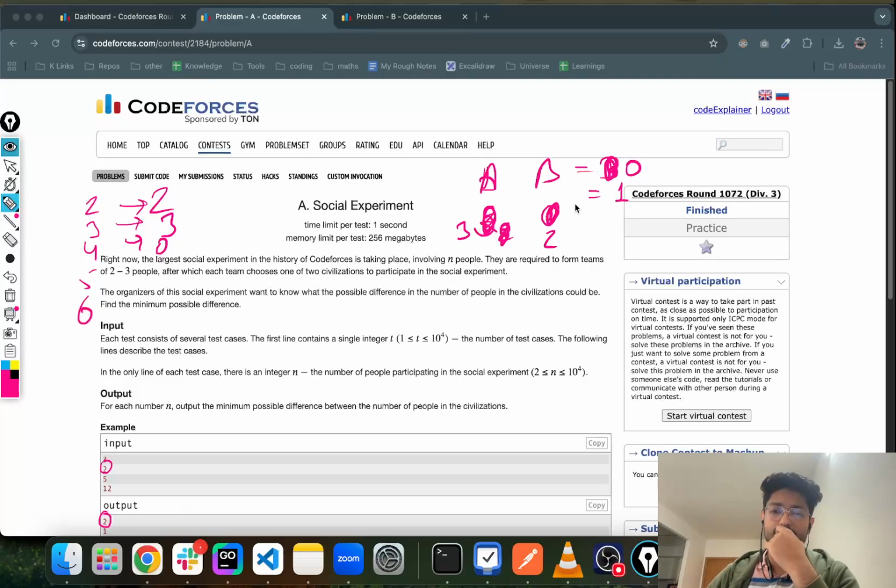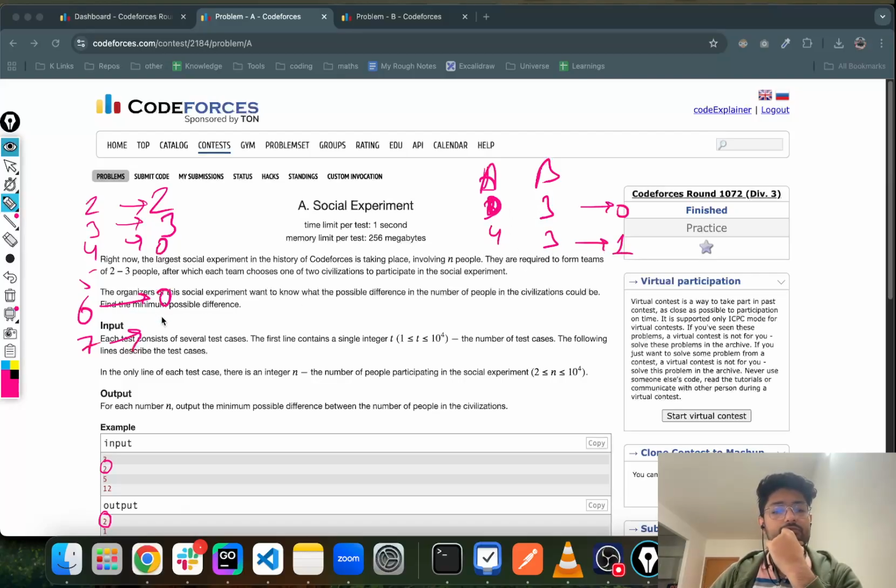If you have 6, 3 will be here, 3 will be here, so 0. For 7, 4 will be here, 3 will be here, the answer will be 1. For 8, 4 people will be here, 4 people will be here, that's 0.